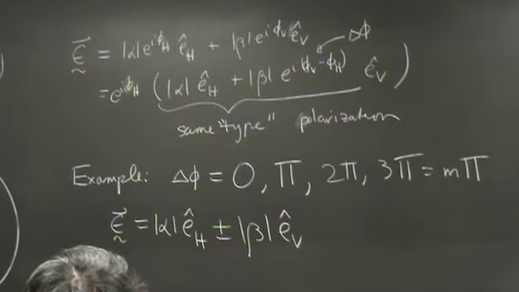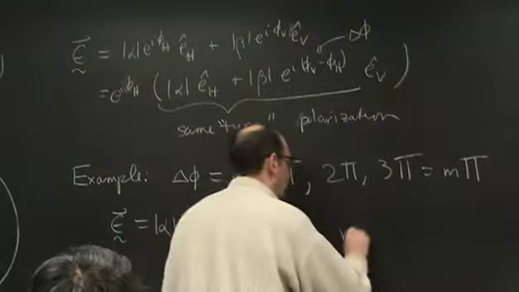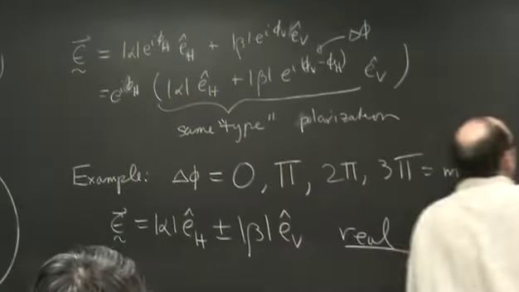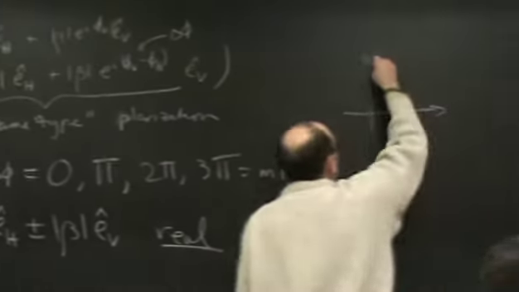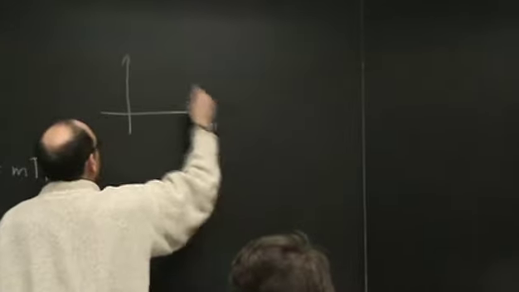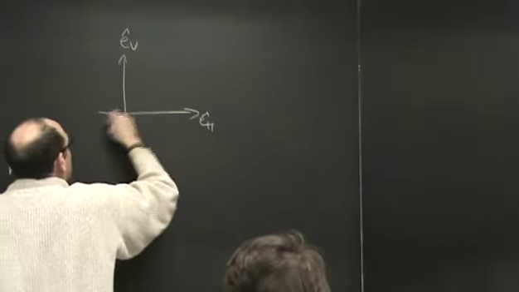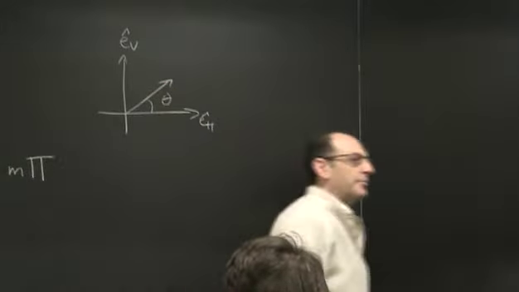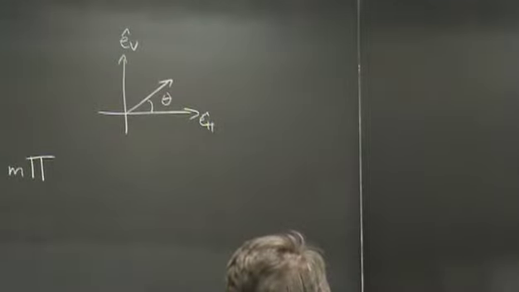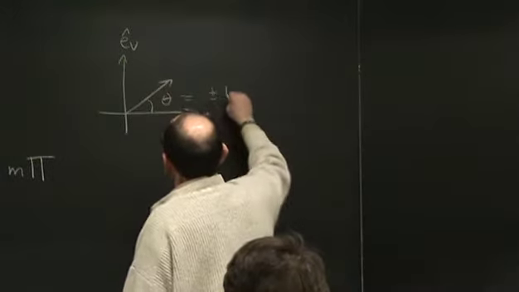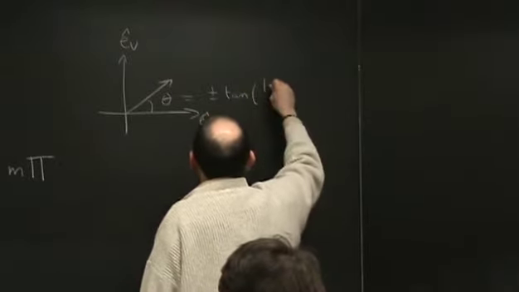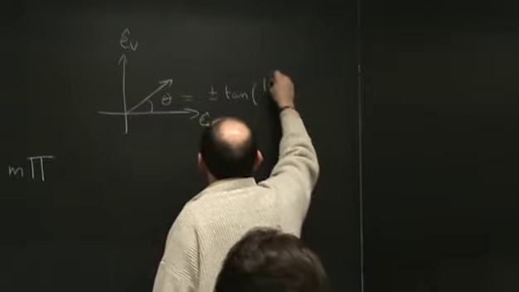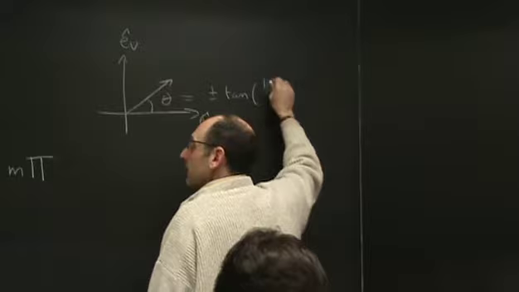And what we should see here is that this is real. It's just in the plane, I have some amount of horizontal and some amount of vertical. And the polarization vector makes some angle with respect to this, plus or minus the arctangent of the amplitude of alpha over beta, right?